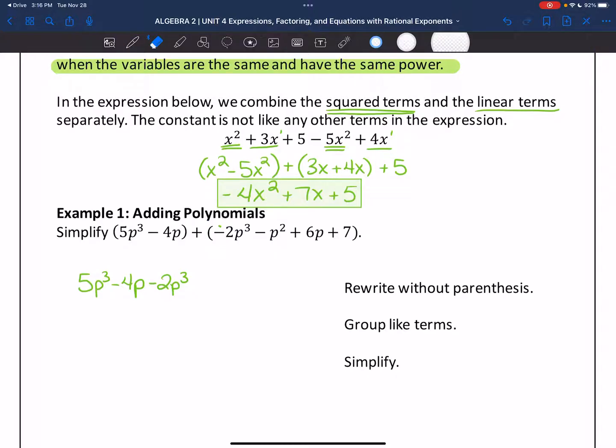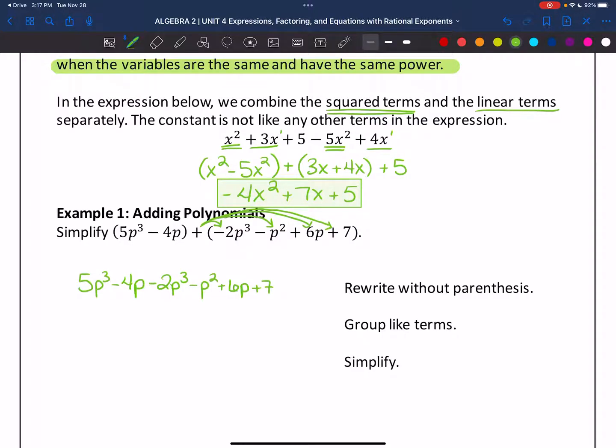Add to that a negative p squared, which is a negative p squared. Add to that a 6p, so that's adding 6p, and then add to that a 7.